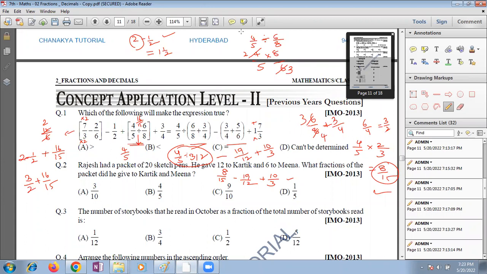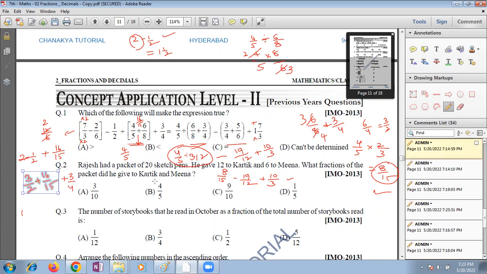So 1.5 plus 1.5 plus 4 by 5 plus 3 by 4. This should be solved now. 1.5 is nothing but 3 by 2, plus 16 by 15, plus 3 by 4. You should do this part.